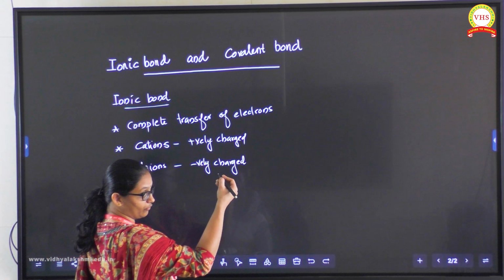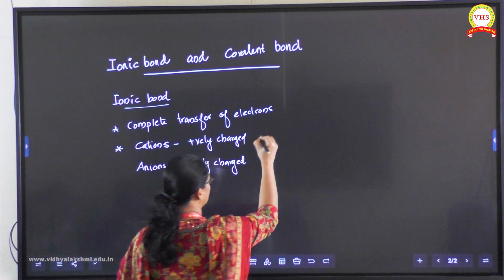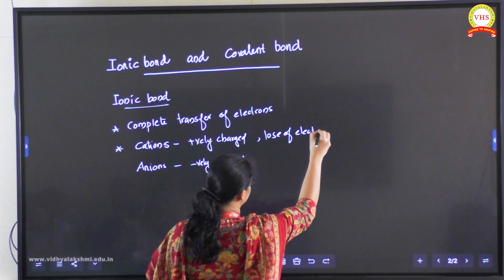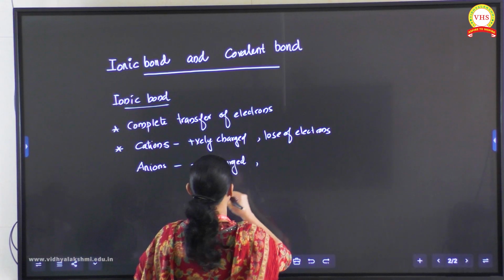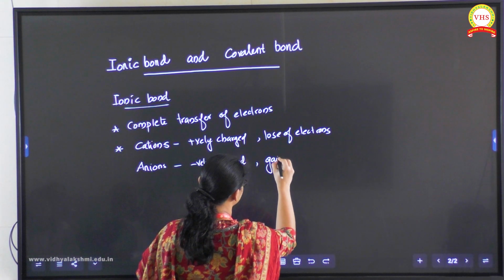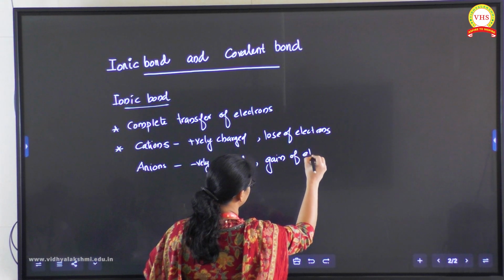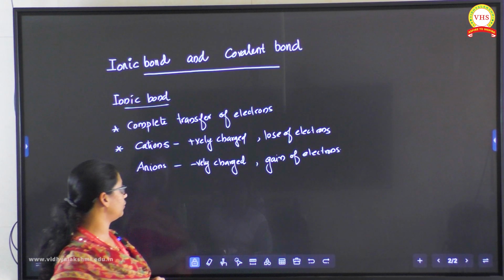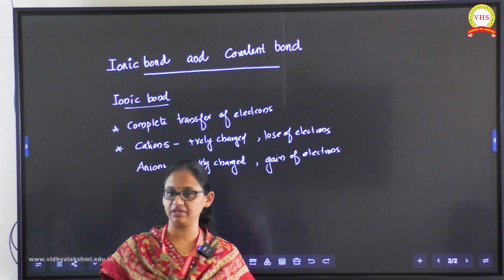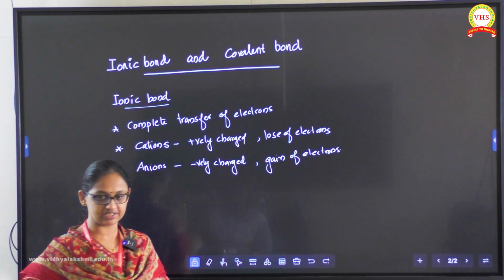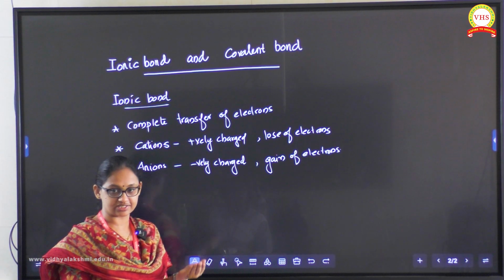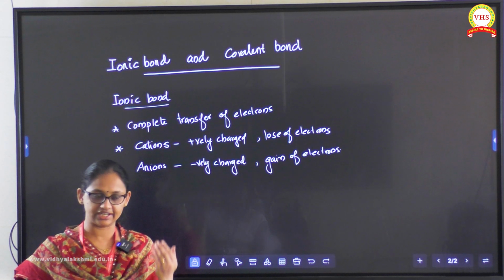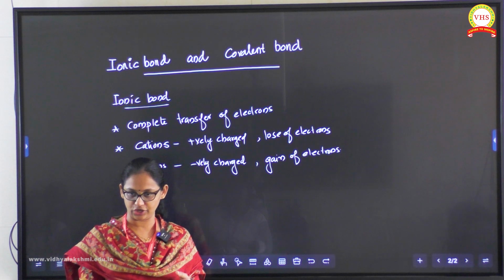How will a cation form? A cation is formed by loss of electrons and the anions are formed by gain of electrons. So during ionic bond formation, the complete transfer of electrons takes place and two ions are formed, cations and anions.